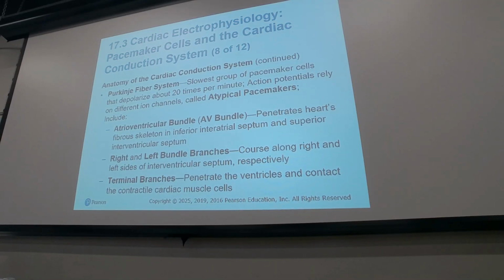It doesn't run your lights, your honk, anything. So similarly, if our conducting system is damaged, you will have consequences. These are typically called blocks. So you can have right bundle branch block, left bundle branch block, etc.